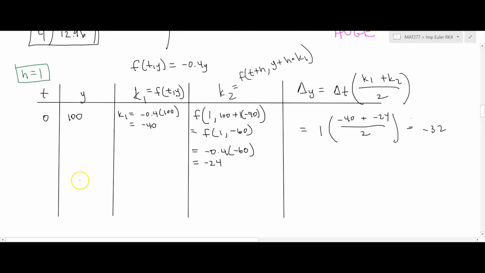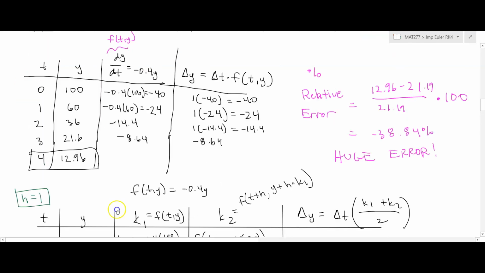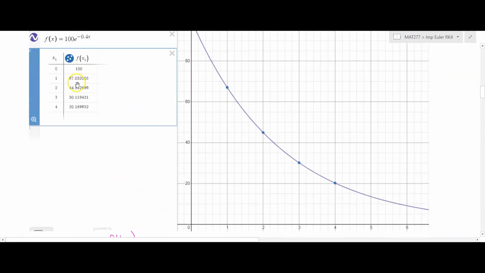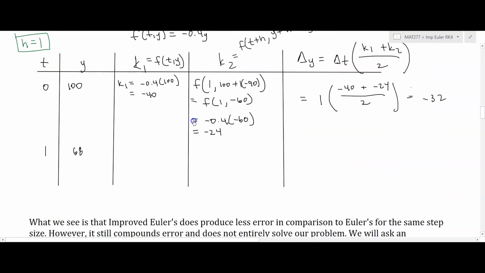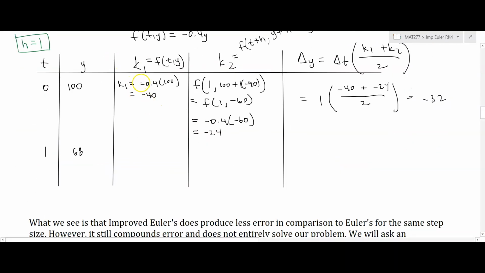So at time 1, I'm going to now have 100 minus 32, which is 68 elk. And if you look at the table of exact values, you see that we're a lot closer to that 67 than we were when we used just the one slope. So already this is showing some promise.